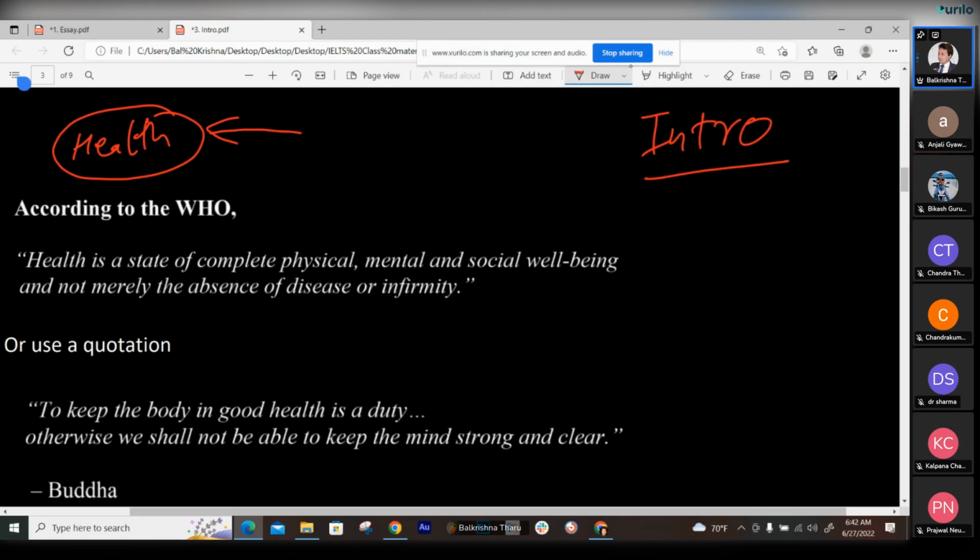So you may begin your essay with a definition. We all know about this definition. If we do not know the definition word by word, it's fine.